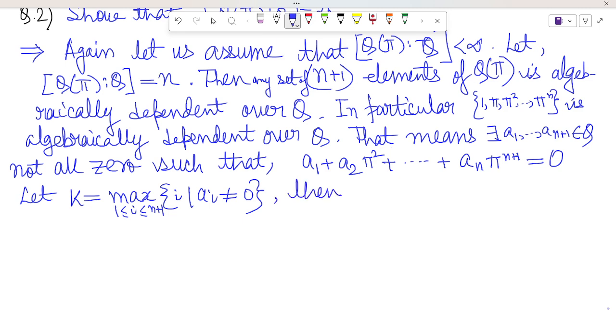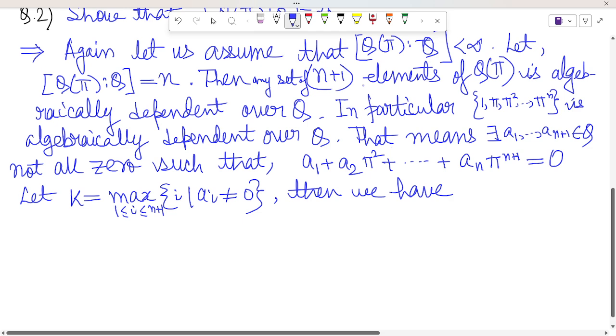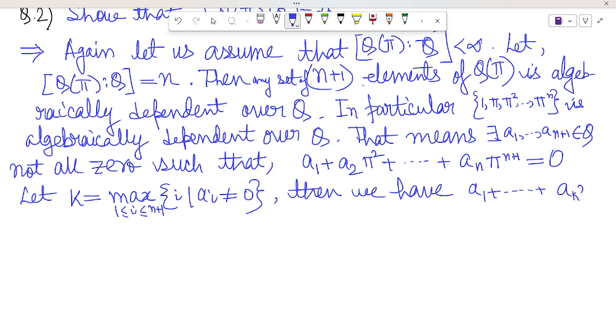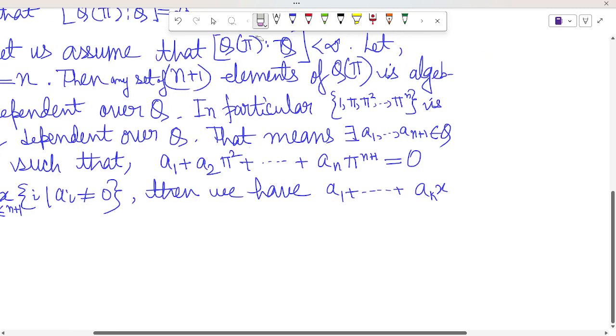Then we have, because after that everything is 0, so I don't need those terms, a1 plus dot dot dot plus ak pi to the power k, that will be a(n+1).